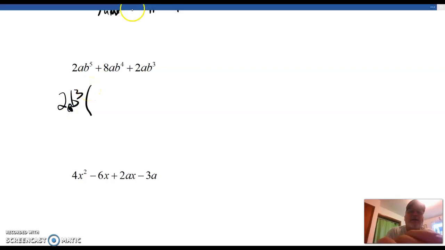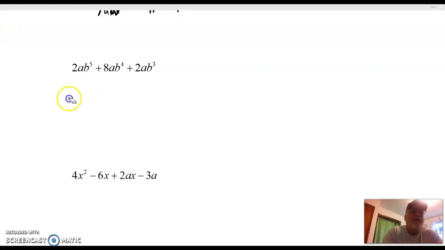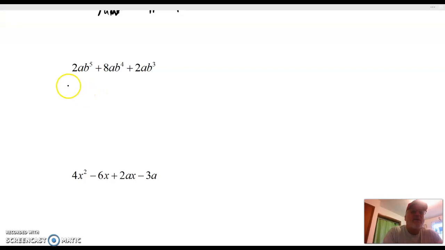Let's say that again. I'm going to factor out a 2ab cubed. That leaves me with b squared plus 4b plus 1.